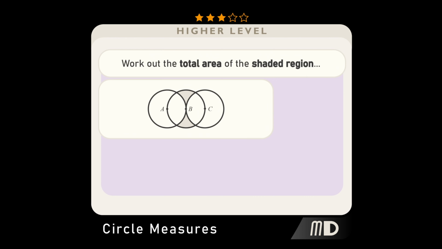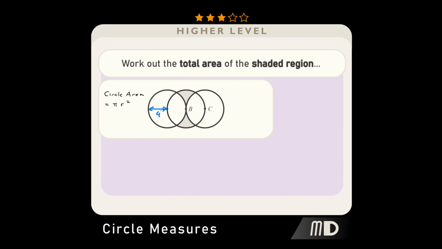To begin, we need to calculate the area of 1 circle. The area of a circle is equal to pi multiplied by the radius squared. We've been told that the radius of the circle is 4 centimeters.